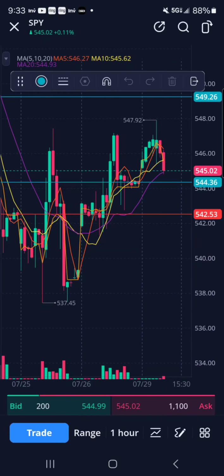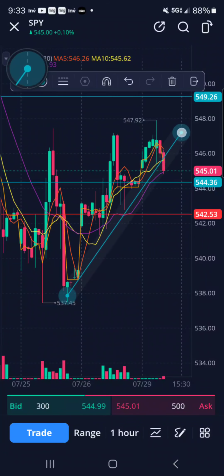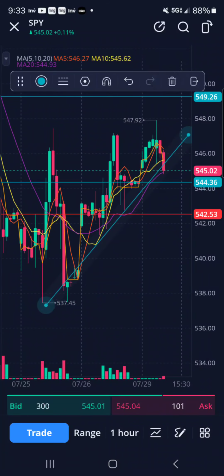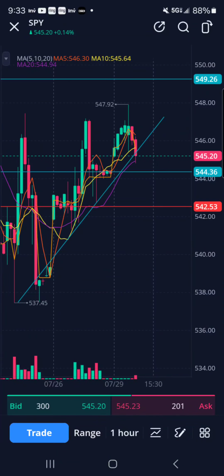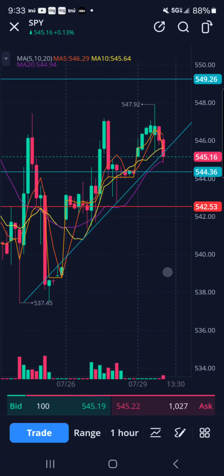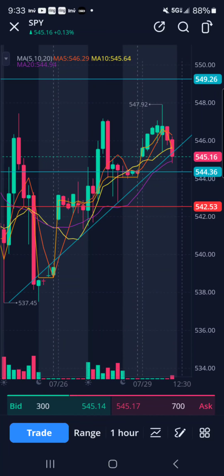On the hourly, we can see there's a little trend going on here. Well, it's not really broken yet. It's just forming a wick right now.